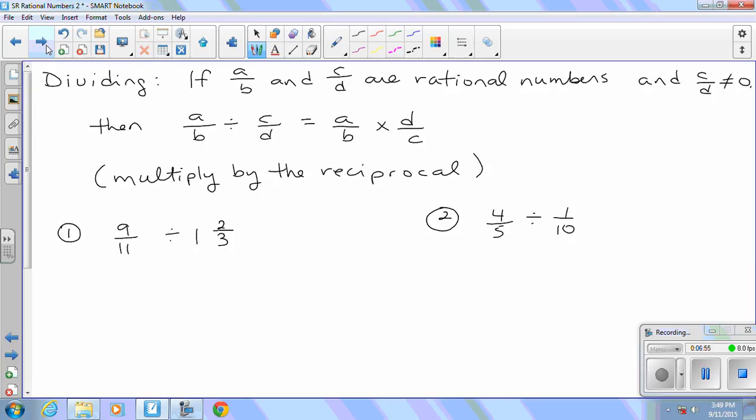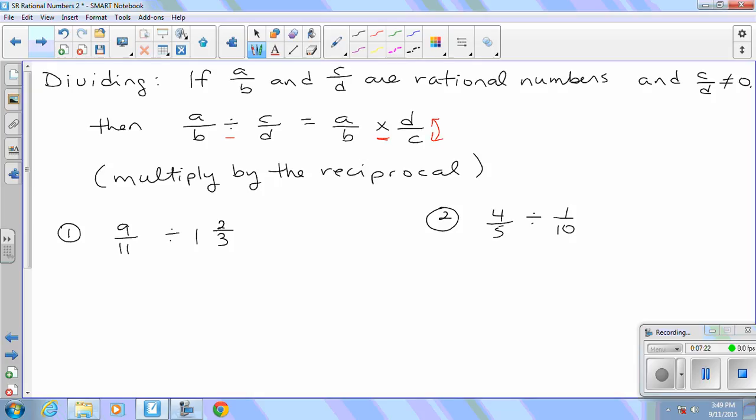If you remember when we were subtracting integers, we recognized how we could turn subtraction into addition by adding the opposite. In a way, dividing rational numbers works the same way. We turn the dividing into multiplying the opposite, but instead of opposite, we use the reciprocal, which is the flip of the second number. Okay, so the second number gets flipped.